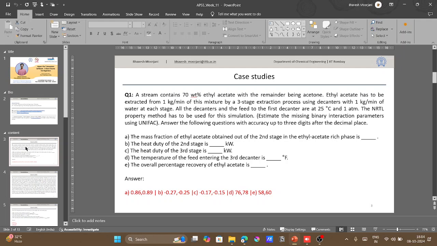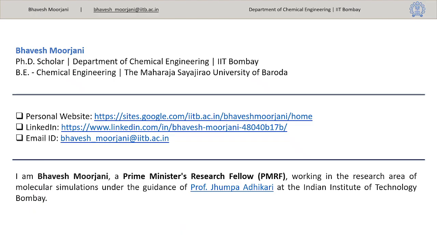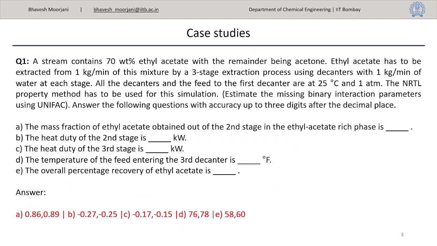So how do we solve this simulation? First let me go into the basic theory of what we are going to do here. We have a mixture of ethyl acetate and acetone, from which ethyl acetate has to be extracted via a 3-stage extraction process, and our solvent is water in this case.